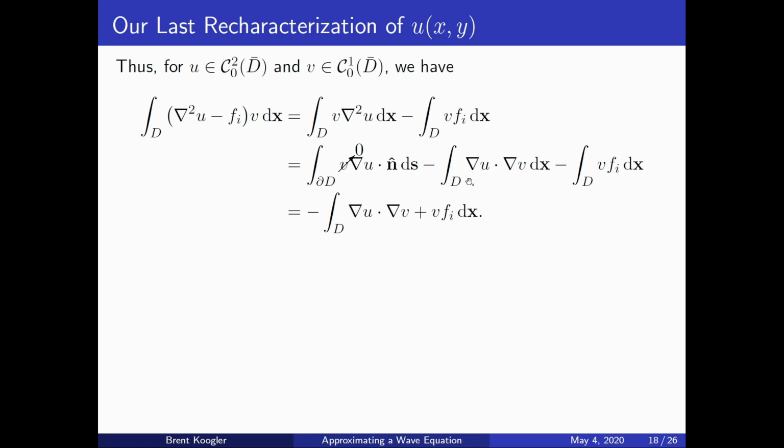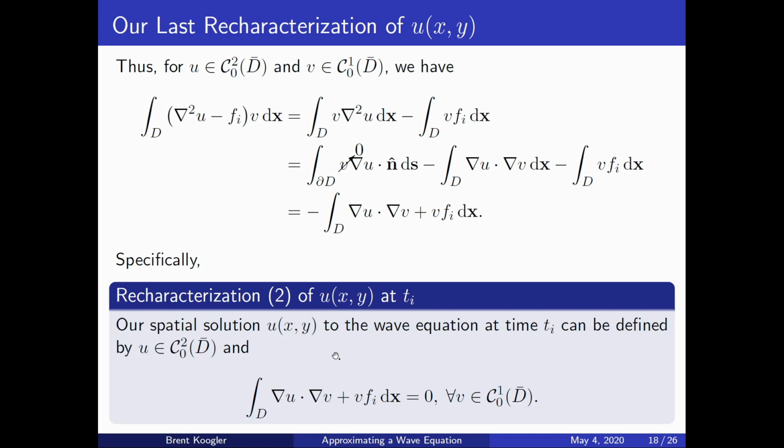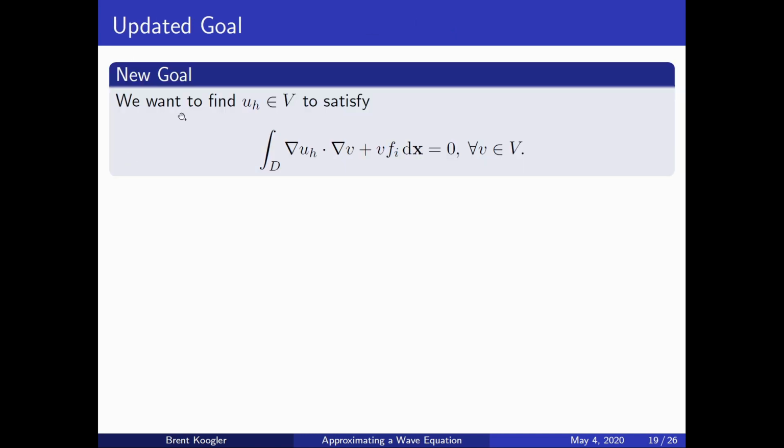So we can then combine these two terms and get another recharacterization of our true solution U, which notably doesn't include any second partials. Thus, we finally get our last goal, which states that we want to find U sub h in our approximating space V to satisfy this integral equation.